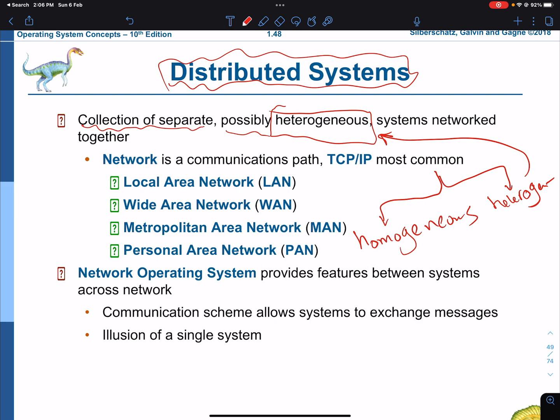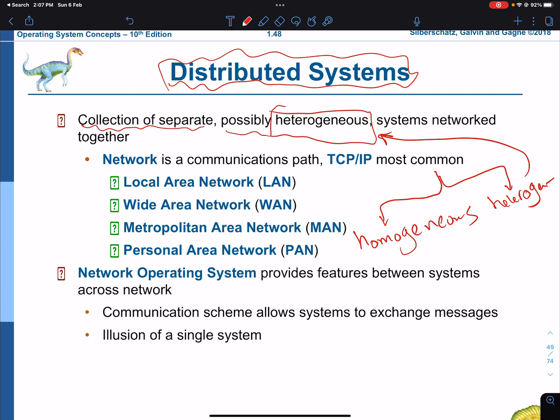So when you have a set of computers and those computers are all, let's say, Windows-based and the machines themselves are similar, so same memory, same processor, and so on and so forth, we call them a homogeneous set.